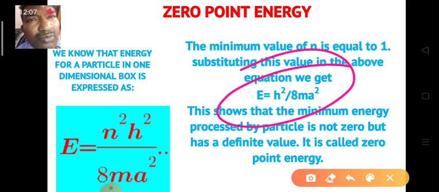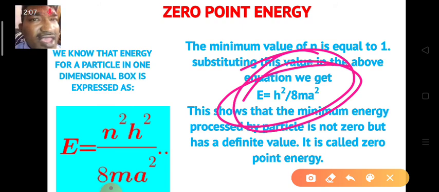That means the motion of the electrons will never be arrested even at 0 Kelvin temperature. So this quantity h square upon 8 m a square is considered the zero point energy, because it is the lowest possible energy and the energy of the particle never becomes 0. Such minimum energy is called the zero point energy.